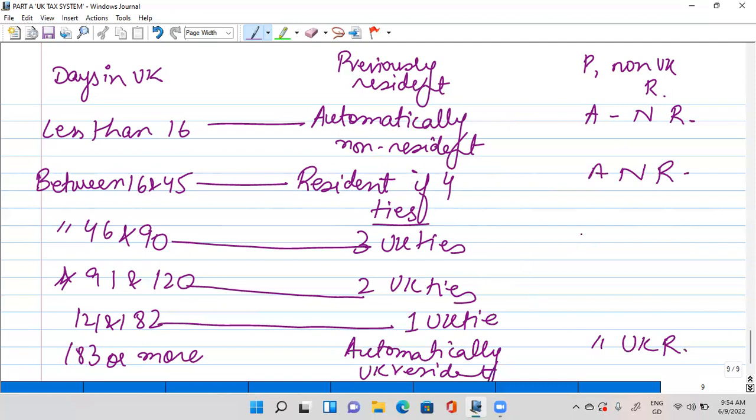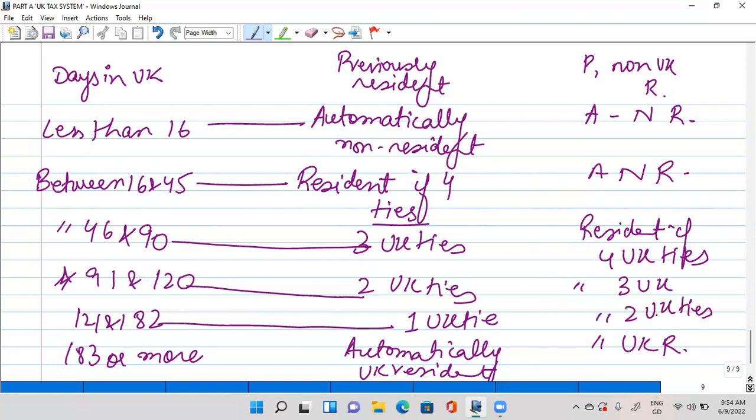And if previously he has been a non-UK resident, we will call him a resident if 4 UK ties meet. Then for 91 to 120 days, we will move it forward like that and the UK ties are met. This table will be given to you in the exam. You don't need to remember it. You just need to understand.